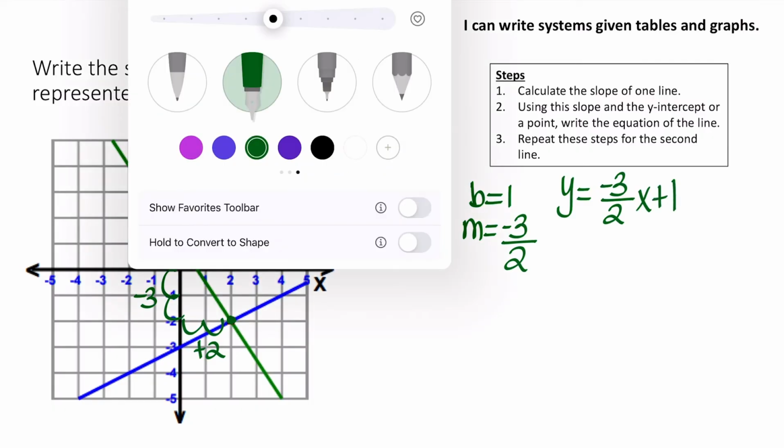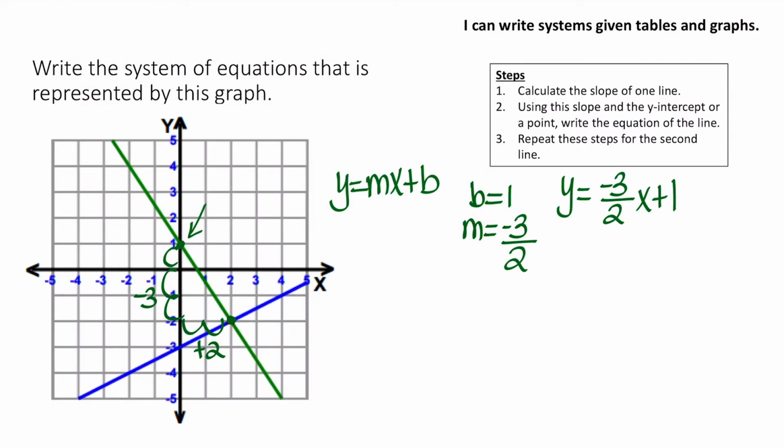Now let's write the equation of the second line in blue. So notice that it has a y-intercept of negative 3. So if I go here, there's my y-intercept at negative 3. So if it's in y equals mx plus b form, my b equals negative 3. My slope is going to be, let's see, going from left to right, I go right 1, 2, so that's plus 2, and I go up 1, which is plus 1.